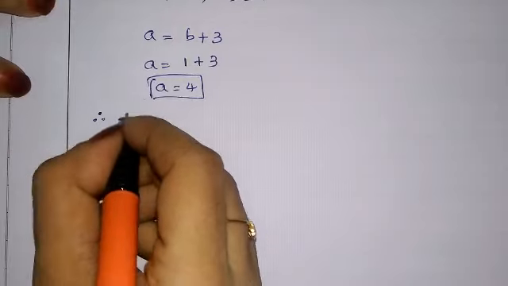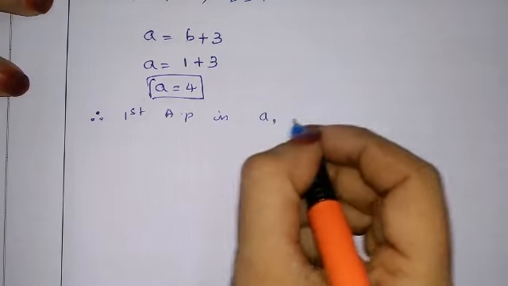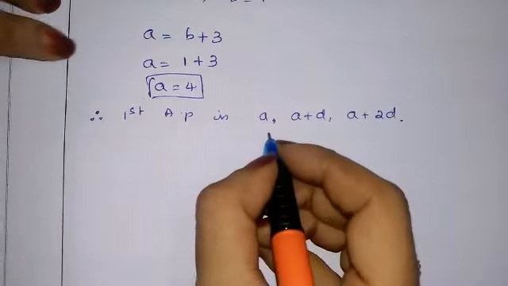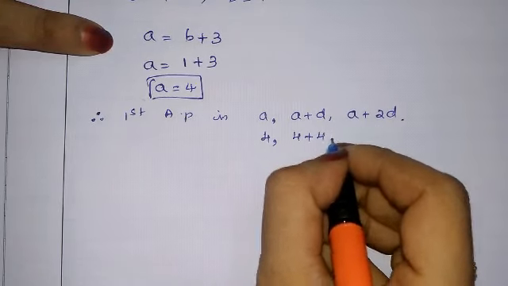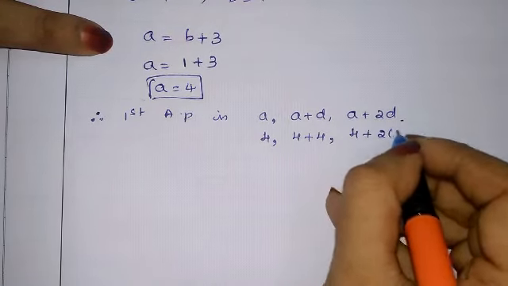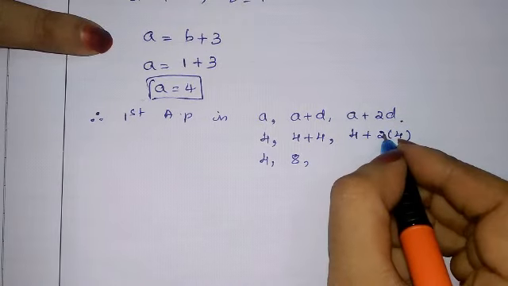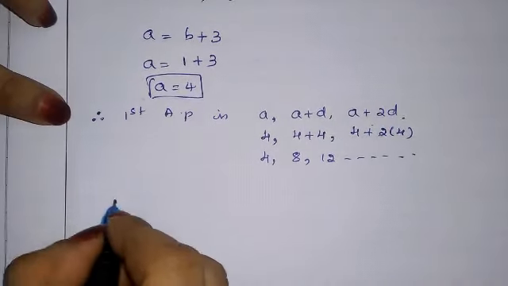Therefore, the first AP is A, A plus D, A plus 2D. So A is 4: 4, 4 plus 4, 4 plus 2 into 4, that is 4, 8, 12, and so on. This is the first AP.